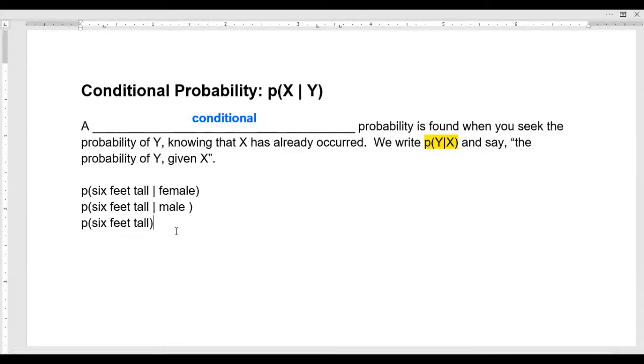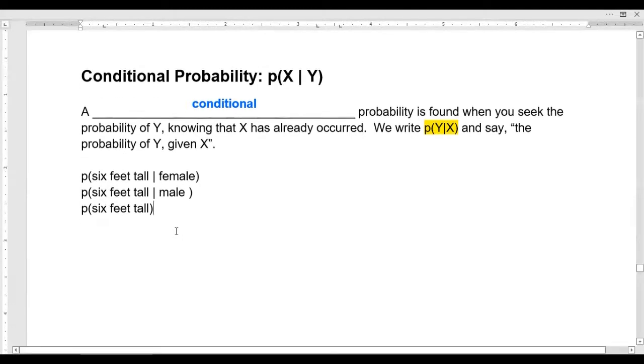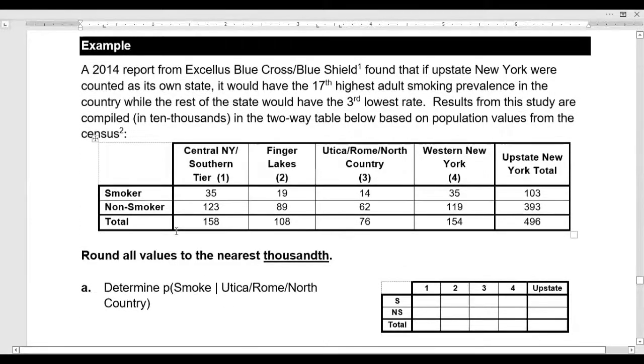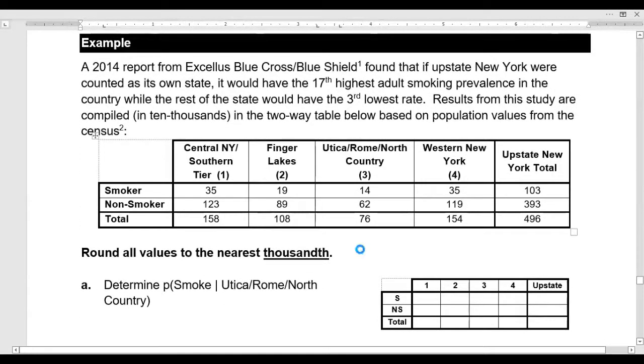So let's go ahead and look at how we can find conditional probabilities when we're using a two-way table. So in this example, it's based off of a report from 2014 done by Excellus Blue Cross Blue Shield. And basically what they found was that if upstate New York was its own state, it would have the 17th highest smoking rate in the United States, and everywhere else in New York State would have the third lowest rate.